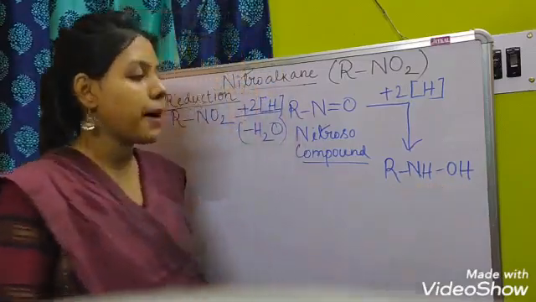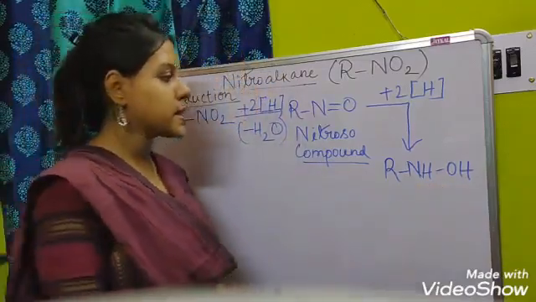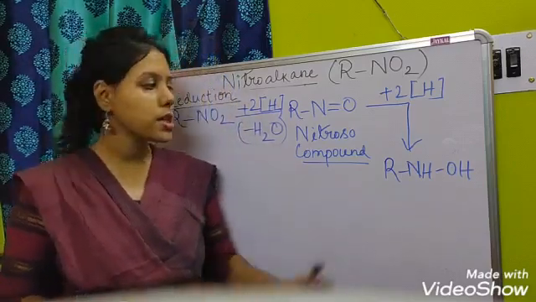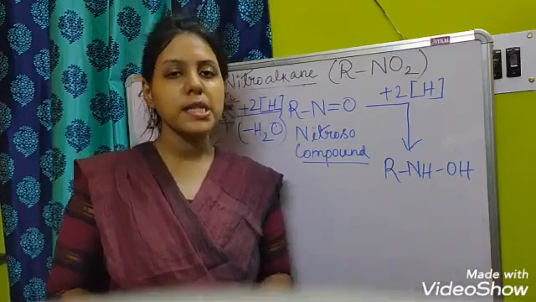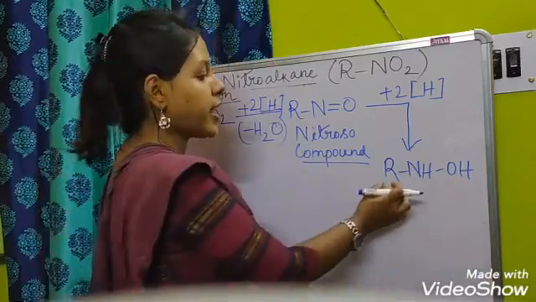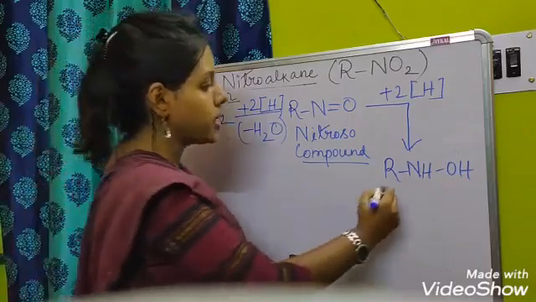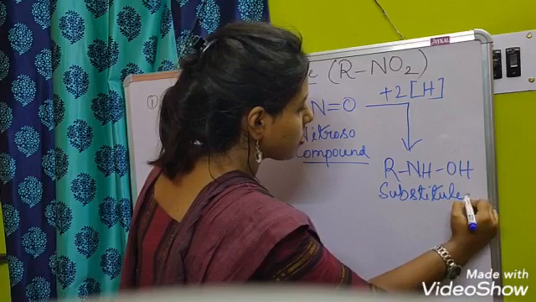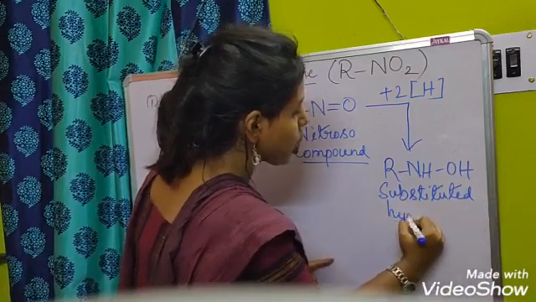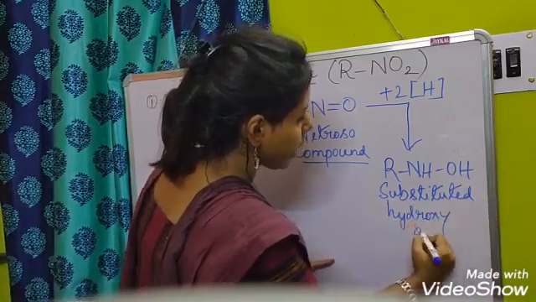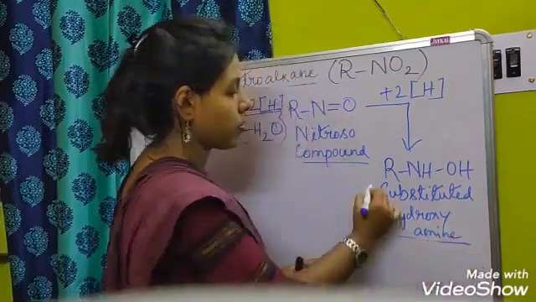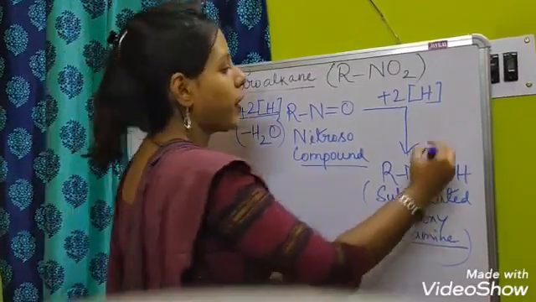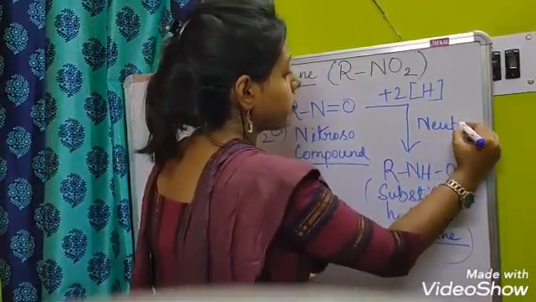So this compound has a specific name, and that is substituted hydroxylamine, because NH2OH is known as hydroxylamine, and here there is one alkyl group present. So this is called substituted hydroxylamine. So specifically this compound we will get in case of a neutral medium.